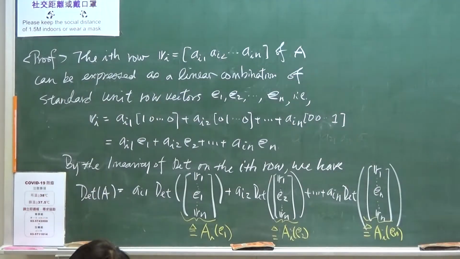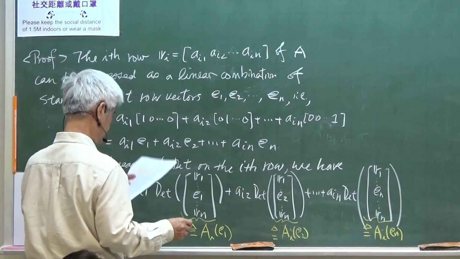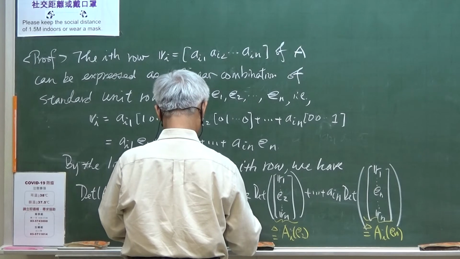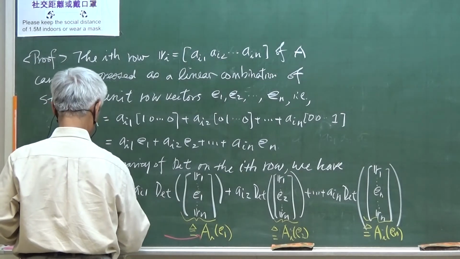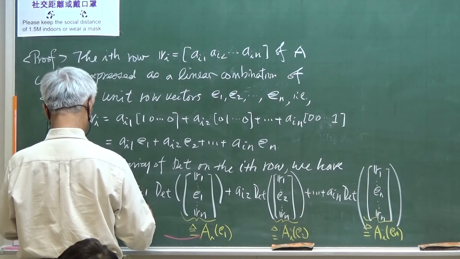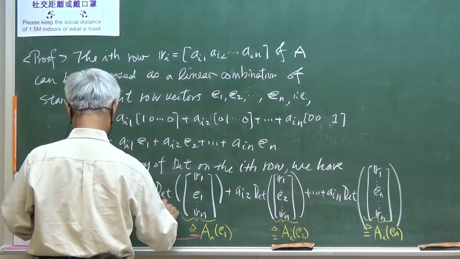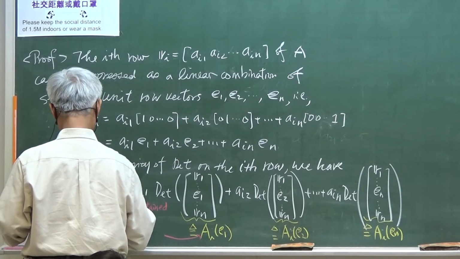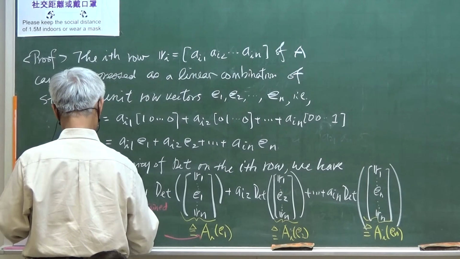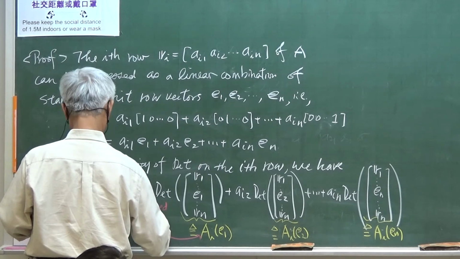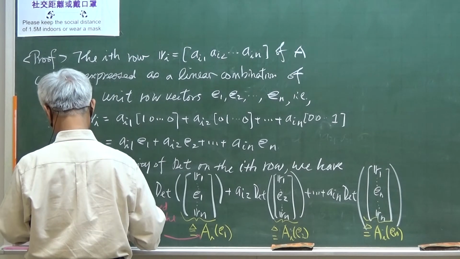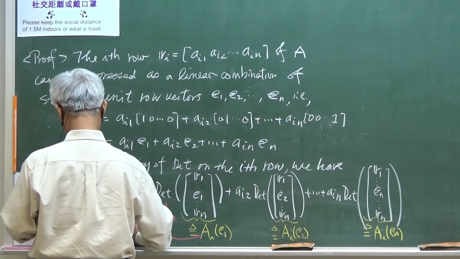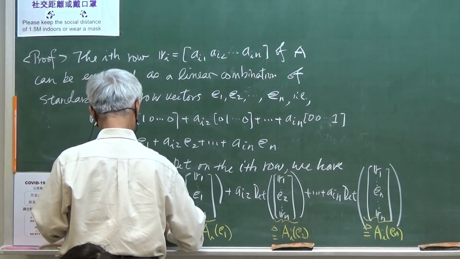And what is A_i(e_j)? This is the matrix obtained from A by replacing the ith row of A with e1.